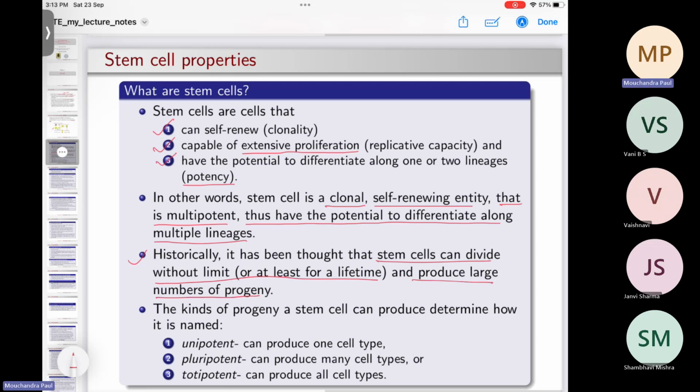As I already told, depending on the potency, means how many lineages the stem cell can differentiate along, you can categorize stem cells into three types. One is unipotent, it can produce only one cell type. Pluripotent, it can produce many cell types. And totipotent, it can produce all the cell types in our body. Okay.